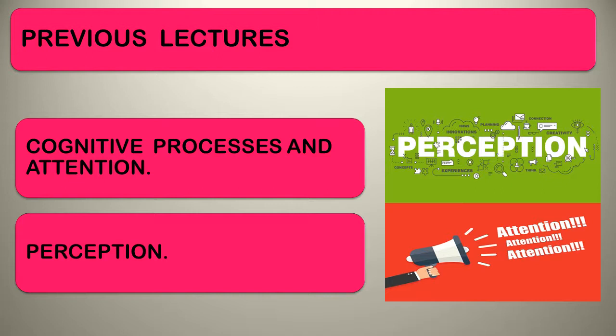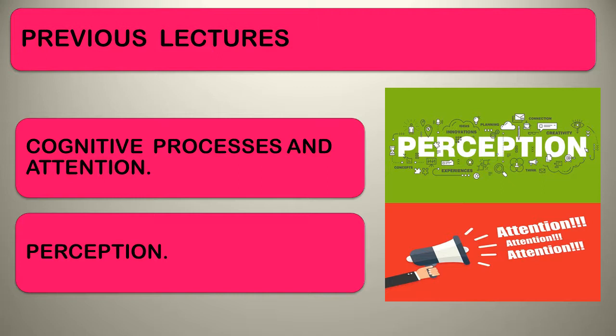We have also seen that attention includes selecting few stimuli from many and bringing them into the center of awareness. There are various aspects of attention like span of attention, distraction of attention, division of attention, fluctuation of attention, etc. We have seen that perception is the process of assigning meaning to the information that we receive about the environment.